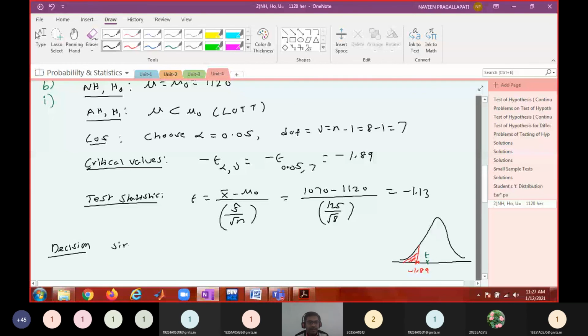Since minus 1.13 is greater than minus 1.89, t is greater than minus t alpha, this implies do not reject H naught at the 5% level of significance. So what is your conclusion from this? Do you say that there is a decrease in the mean lifetime of computers at the 5% level of significance?